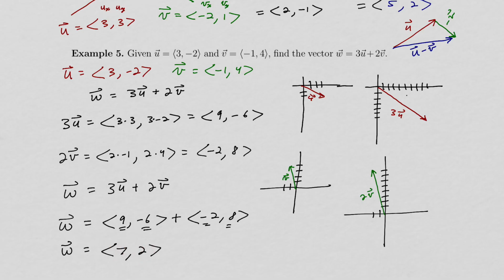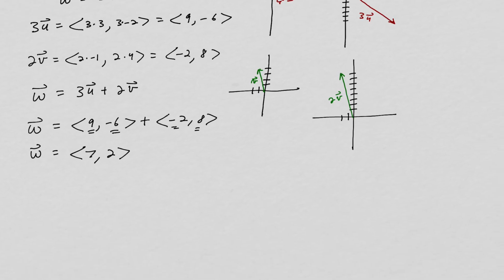Okay, it's going to be hard to draw this exactly, and let me see if I can get this close. Okay, so I start with the 9, negative 6. That was the 3u. So something like that. And then I want to add 2v.